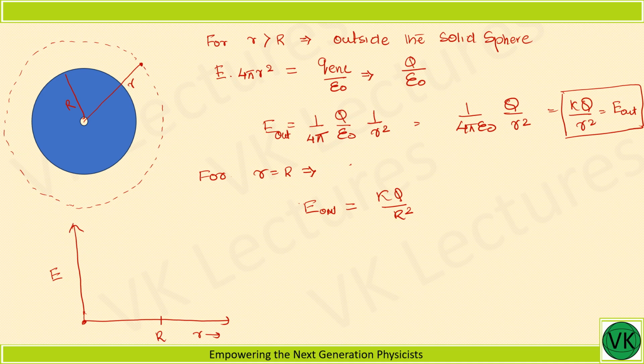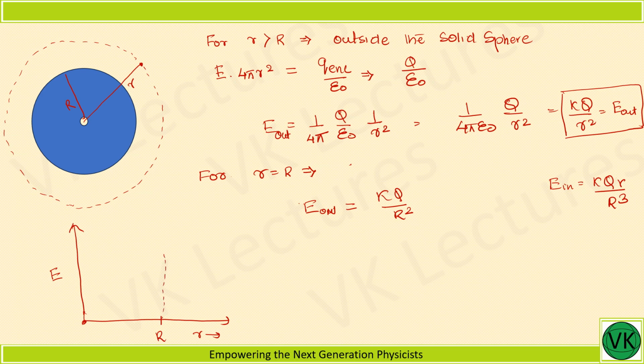And now the electric field inside is kqr by capital R cube. So capital R is constant, but here small letter r is the variable, so it is directly proportional to r, and this is the point.